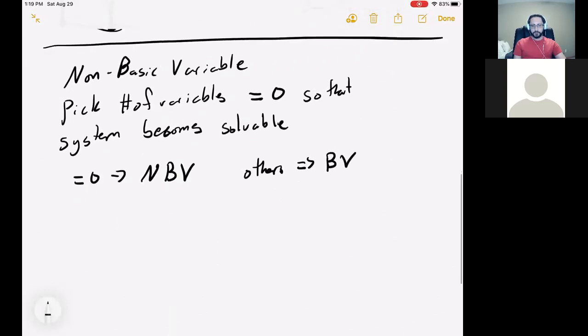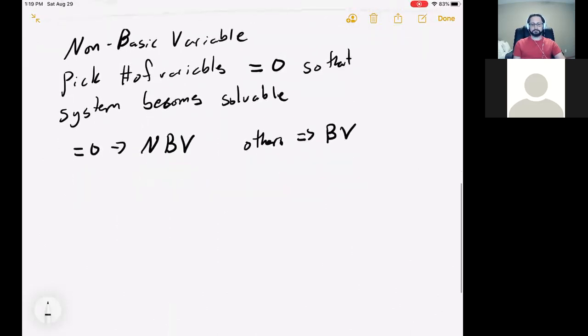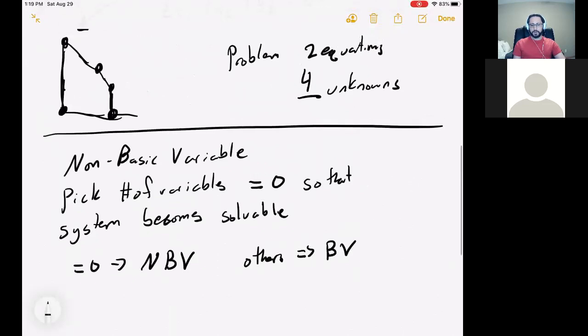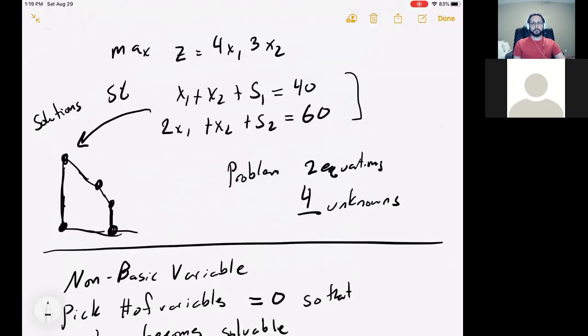So let's take a look at this system. You can pick any two of the variables that you want out of x1, x2, s1, and s2, but you will learn in practice that the slack and excess variables are usually the ones you want to start with first.